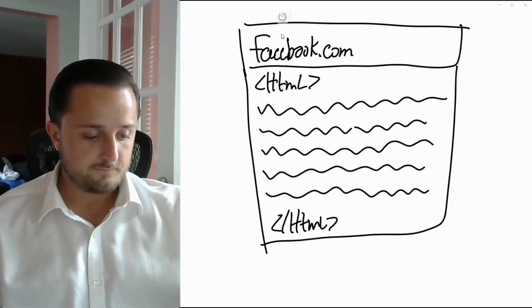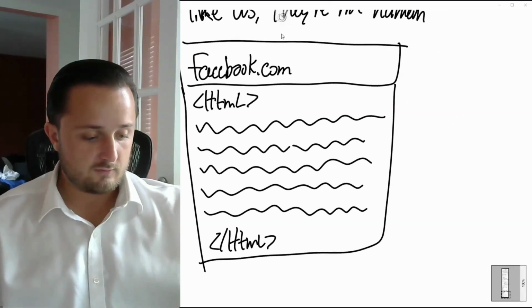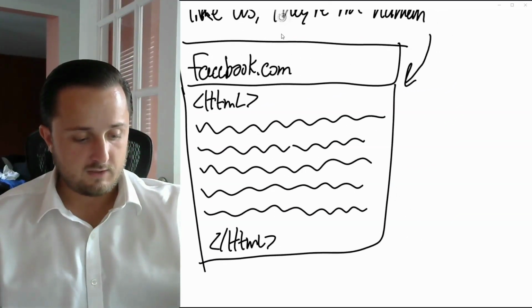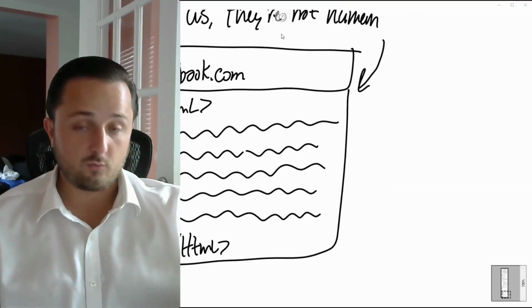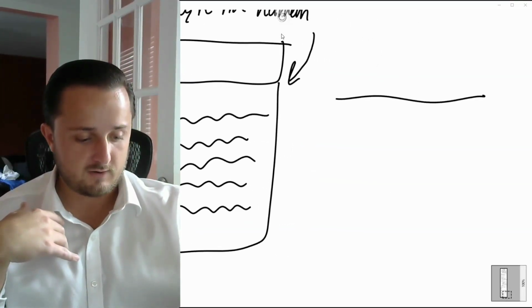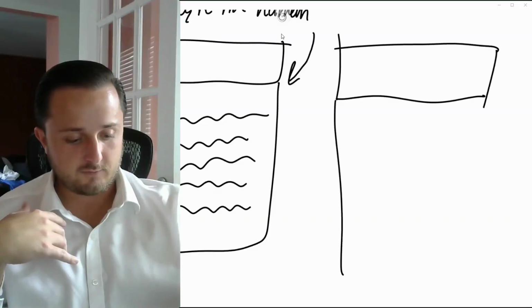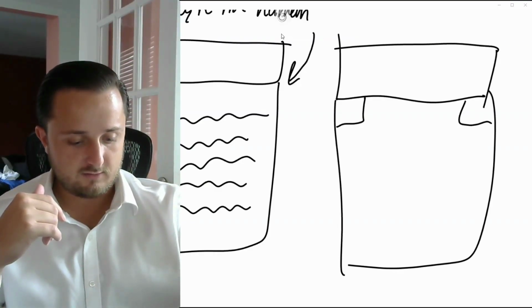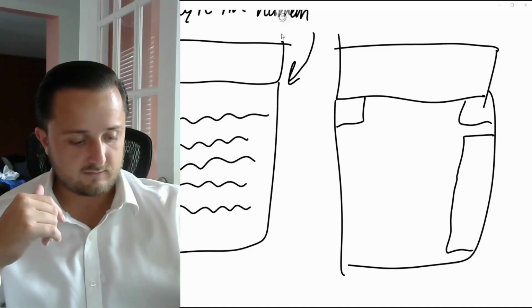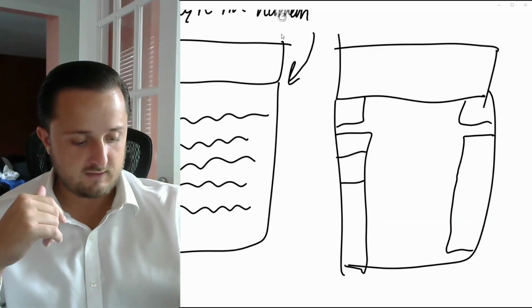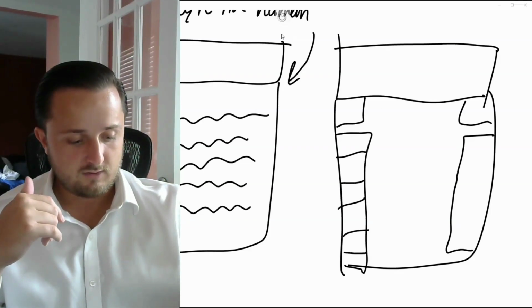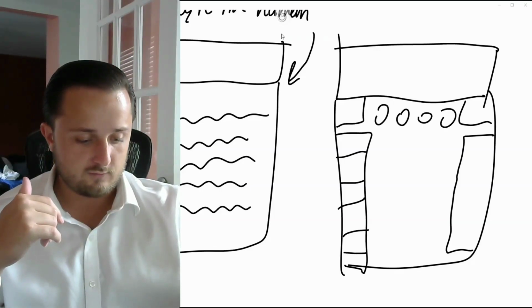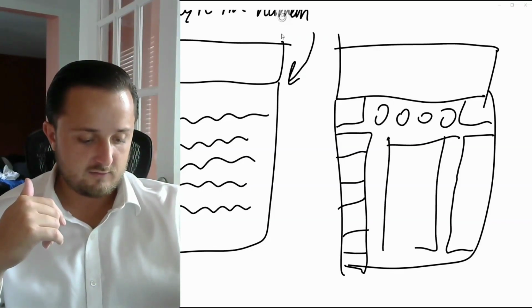It will convert from HTML to what we see when we land on Facebook. When we land on Facebook, we've got the little icon over here. Then you've got the ads on the right side. Then you've got all of the different things you can do. You've got all of your stories. And then in the center, you've got all the posts.